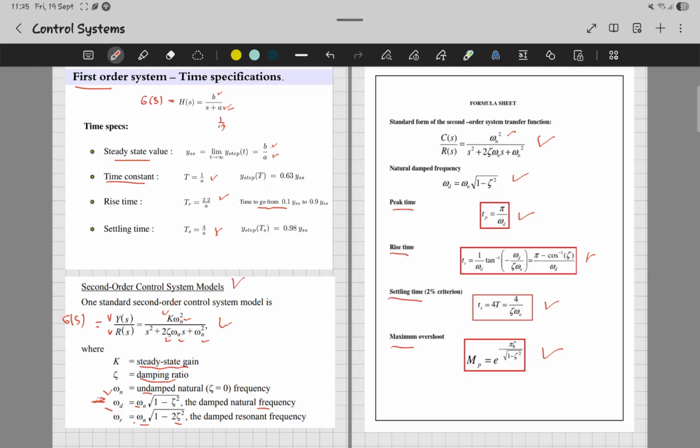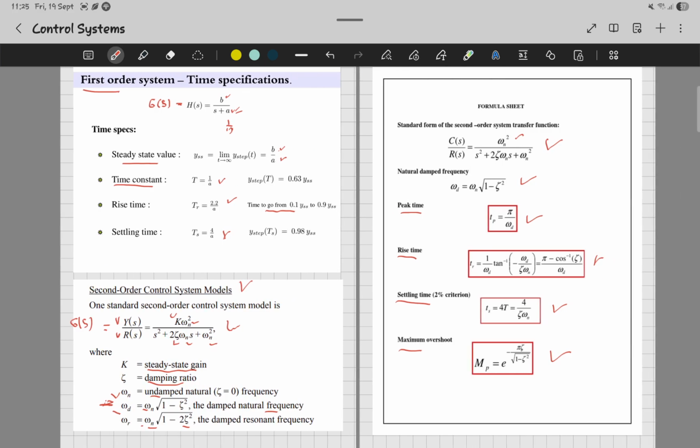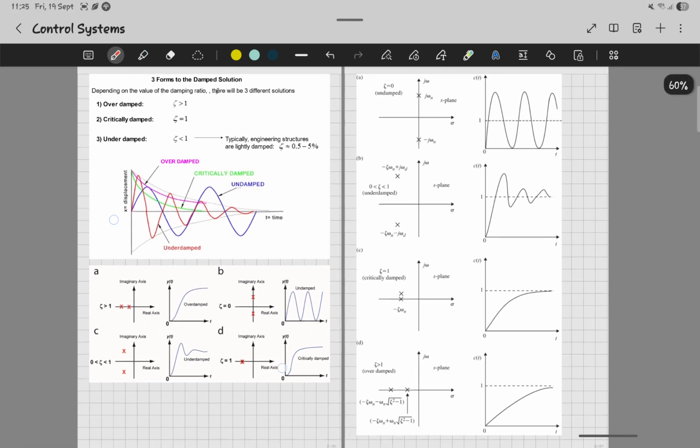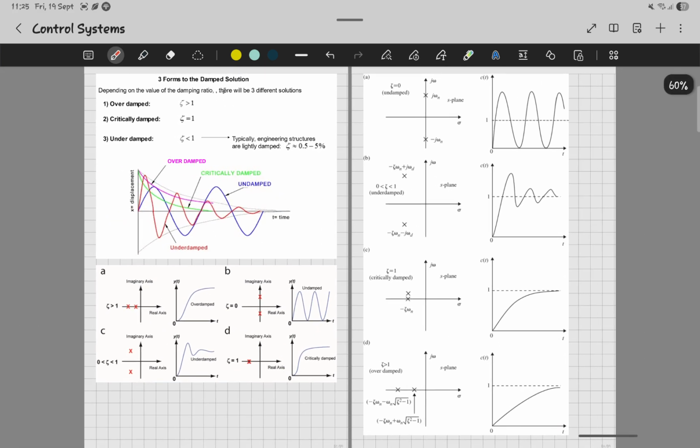Okay, so let me now move to the page where you can see all this information. So what is happening here? You can see this is overdamped. It's when we have the damping ratio inferior to 1. Okay, and the example for the overdamped is this one, this graph that you see here.